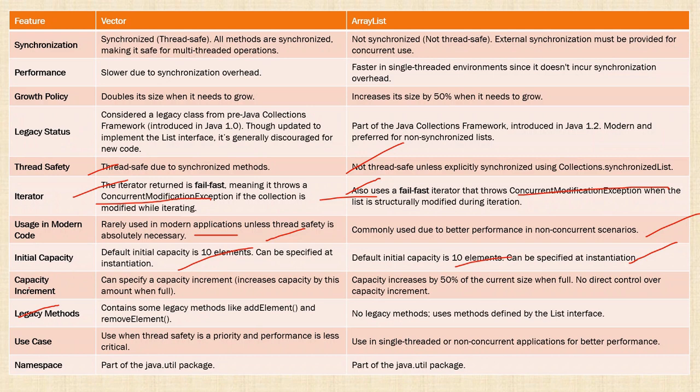Capacity increment: you can specify a capacity increment to increase capacity by this amount when full. If a Vector becomes full, its capacity will be doubled, as we just saw. The default initial size is 10 elements, which can be specified at instantiation, and you can also specify a capacity increment.